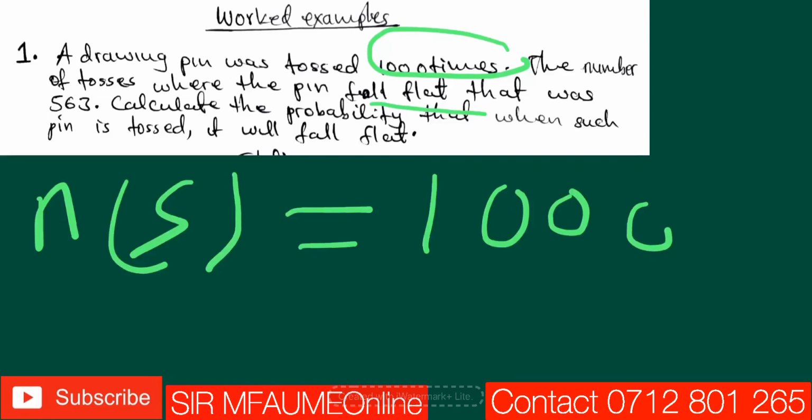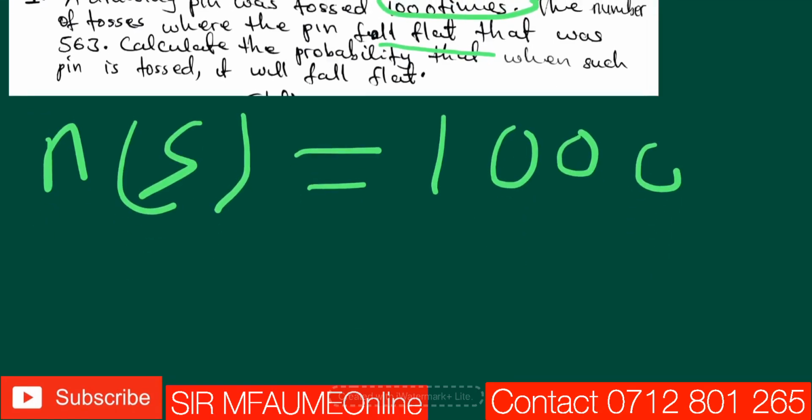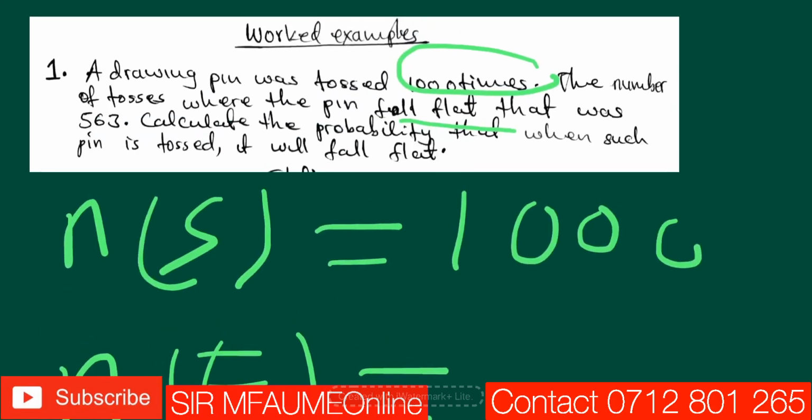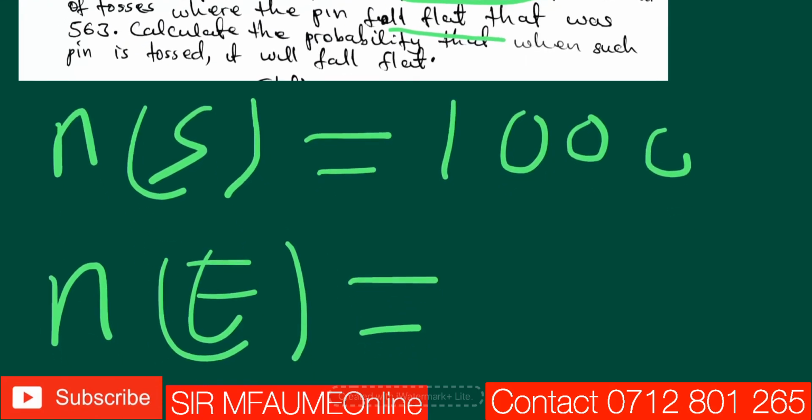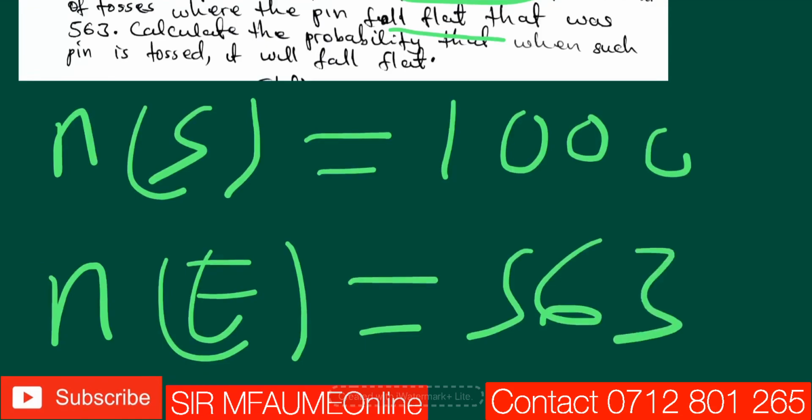But also our event is to find that the pin fell flat. According to this question, this many times the pin will fall flat, according to this instruction, where the pin fell flat, that was this one. We need to calculate the probability of such a pin falling flat. That's why our event is a pin falling flat. That means the number of event, which is a pin falling flat, is equal to 563, something like this.